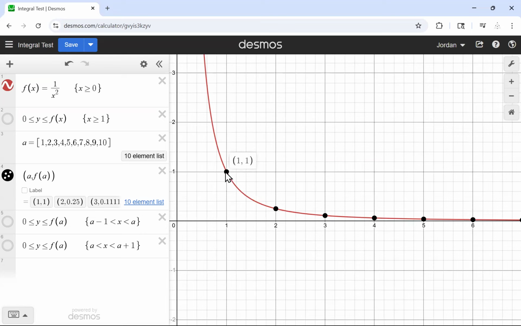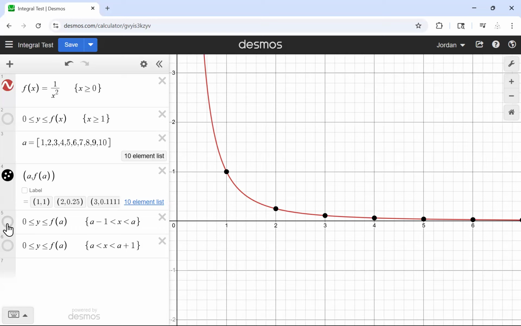Then each term would be a y value here. So the y values are giving me the height of each of these points. If I wanted to find the total area, or the total sum of 1 over n squared, I could add up all of the heights of that point.